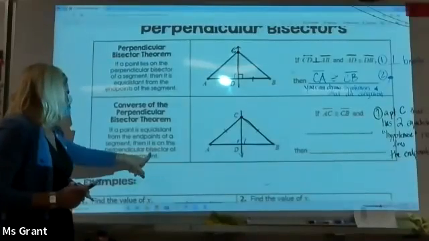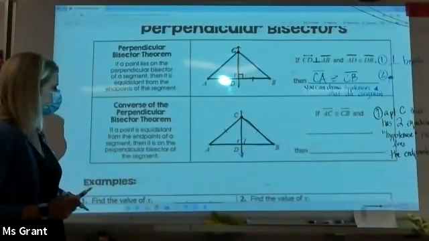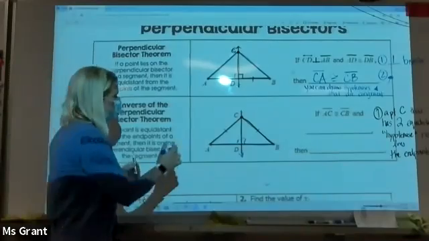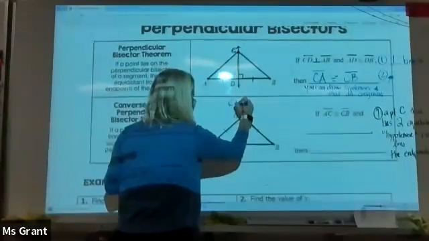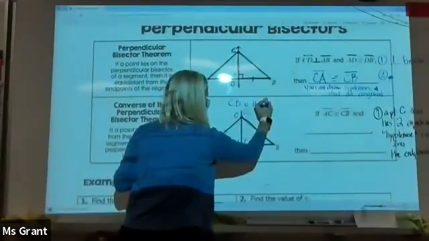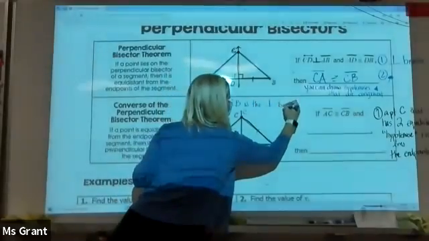Then it is on the perpendicular bisector of the segment. I guess CD is the perpendicular bisector.